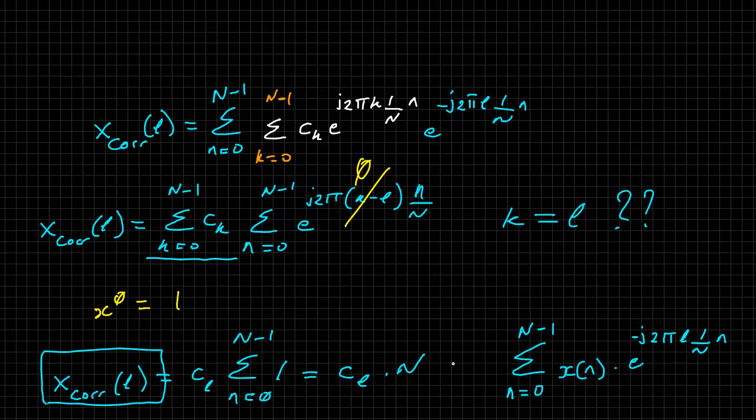So CL times N is equal to this expression that we wrote down, which was a measure of the correlation between the signal and the sinusoids. Let's get CL on its own by shifting N to the other side by making it 1 over N. And now we're basically there. We have an expression for CL in terms of the signal, the discrete signal, and a set of harmonically related sinusoids.